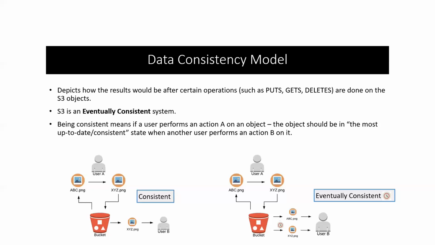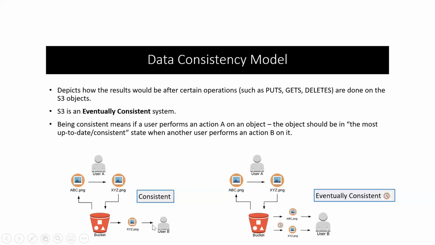But let's first see what consistent means. Let's say there is a user A, and he has changed some properties of the file from abc.png to xyz.png. Once this user has changed these properties, xyz.png should be the most up-to-date object.